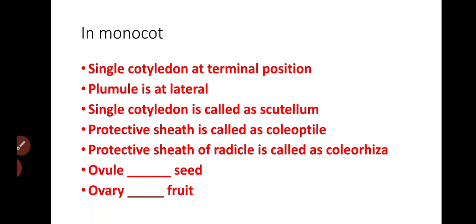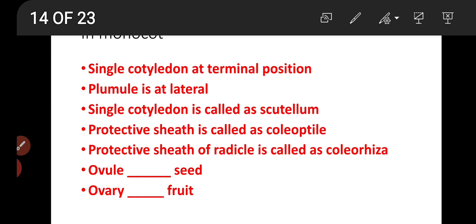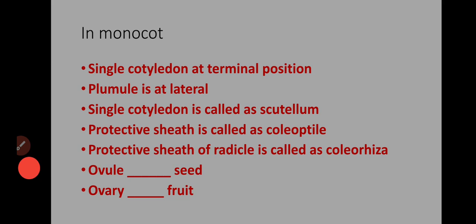We have seen how the embryo is synthesized. The plumule and cotyledons are produced from that embryo. From the plumule, the shoot system is developed, and from the radicle, the root system is developed. So we have completed the embryogenesis.